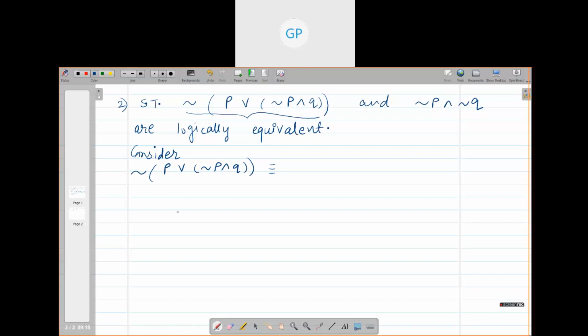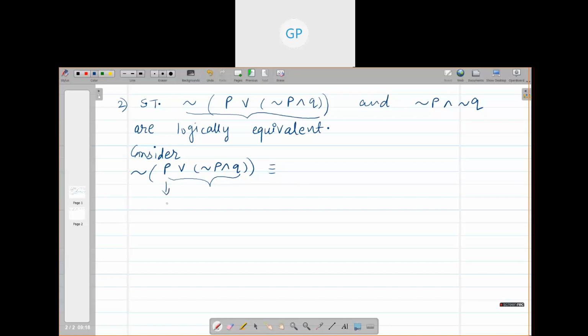Shireen, which rule will you apply? Tell the name now. No, not distributive. Inside you can use distributive, but before going inside we have to look at this negation symbol. The property is De Morgan's law, right?